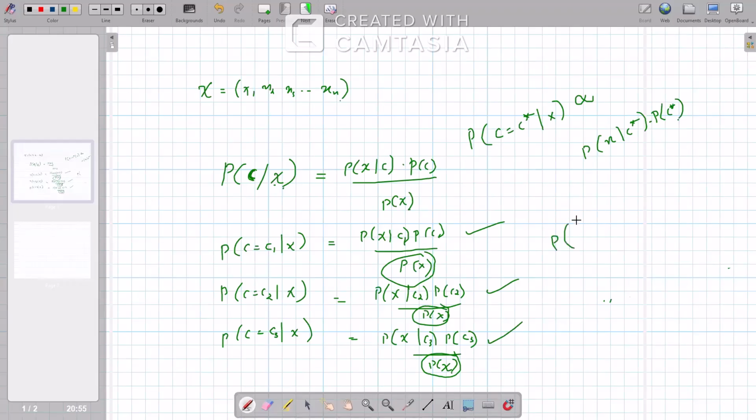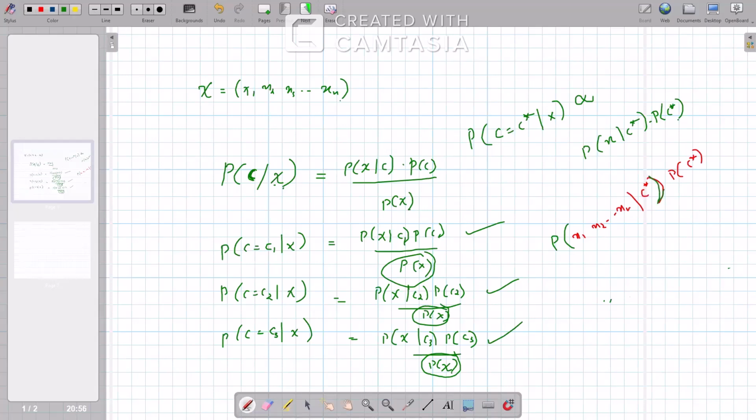The X is actually X1, X2, etc. up to Xn given C star, and probability of C star. And we always assume, that is why it is called naive, that these features are independent.